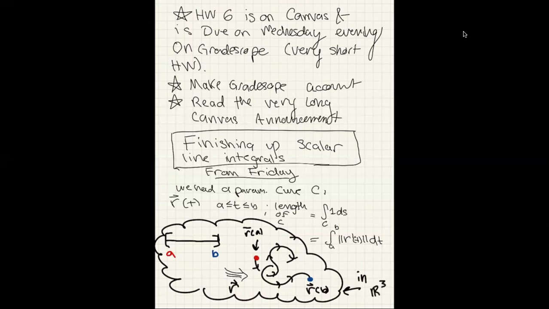And I'm going to say a little bit more about why this makes sense in terms of the length. So on this next page, I'll show you, if you really think about it, why does it make sense that we're integrating the length of the derivative over the interval a to b?